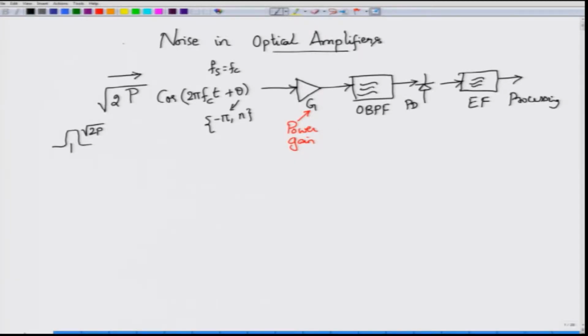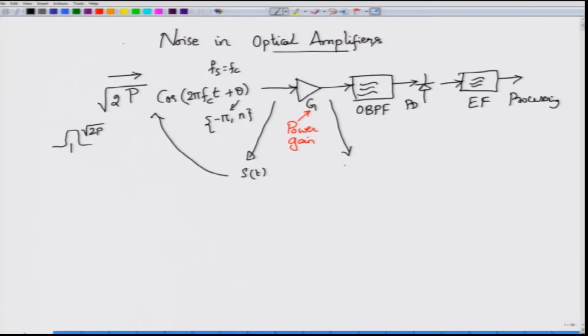Because amplitude square gives you the power, not the amplitude itself. So, if you want the power gain to be G, the amplitude must go as square root of G. So, the signal at this point is S of t equal to square root of 2P cos 2 pi Fc t plus theta, but what you get here would be an amplified signal.